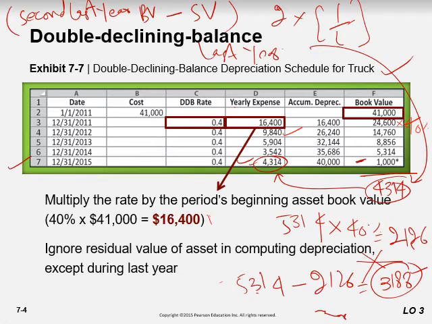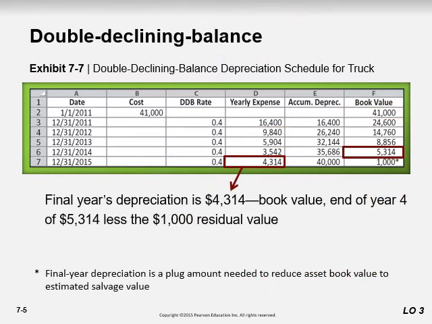Did you see here? Compare it. The depreciation expense for the last year is a little bit higher. The reason is the salvage value. So here is the explanation that is also written here. So final year depreciation is 431, just calculated as the end of year 4 book value less the residual value.